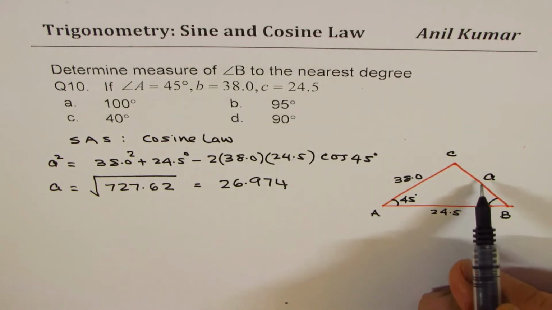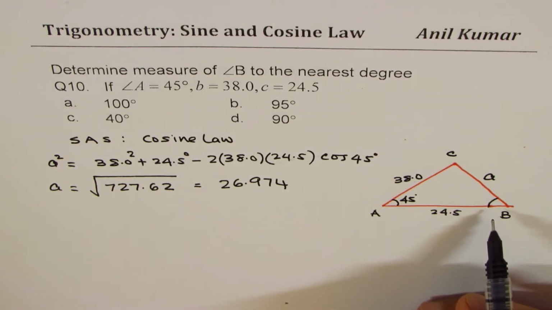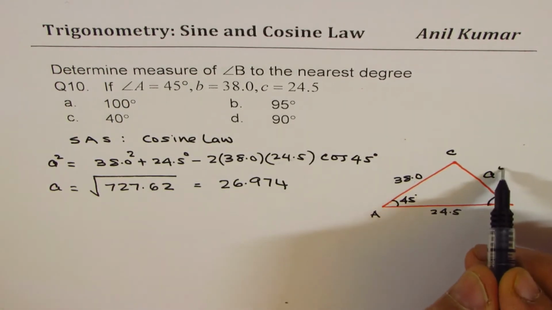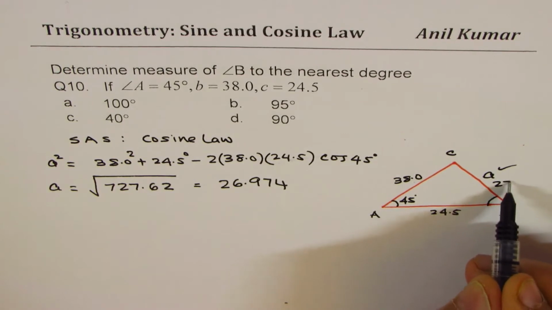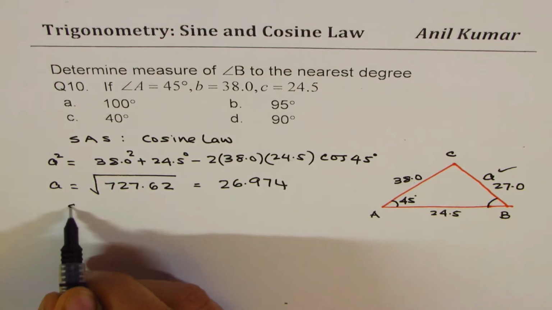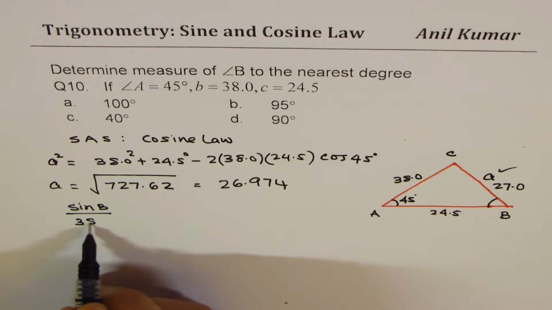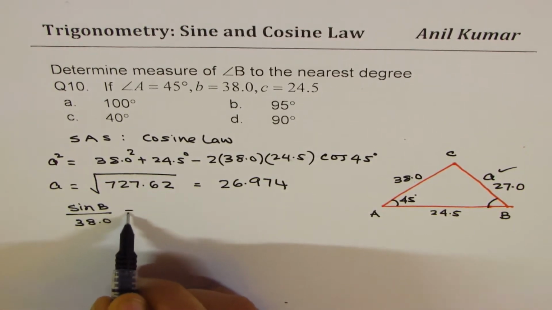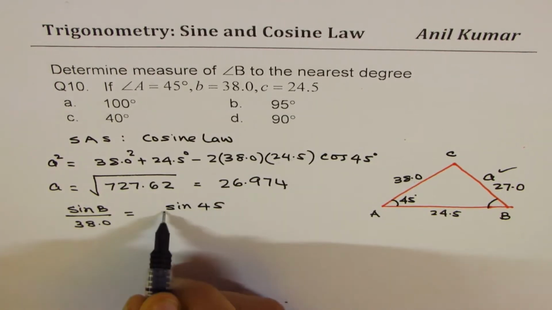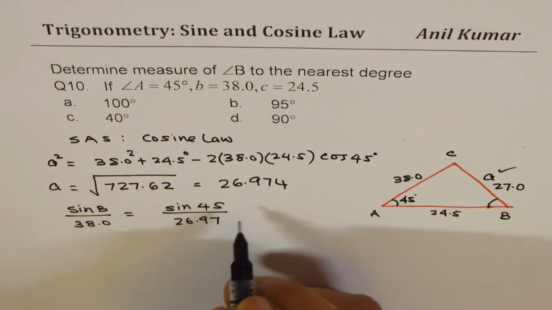Now, once I know side A, then I can actually find the angle, correct? So now we can apply the sine law. Now we know side A, which is approximately 27.0. So we get sine B over the opposite side 38.0, and that is equal to sine of 45 degrees over A, which is 26.97.